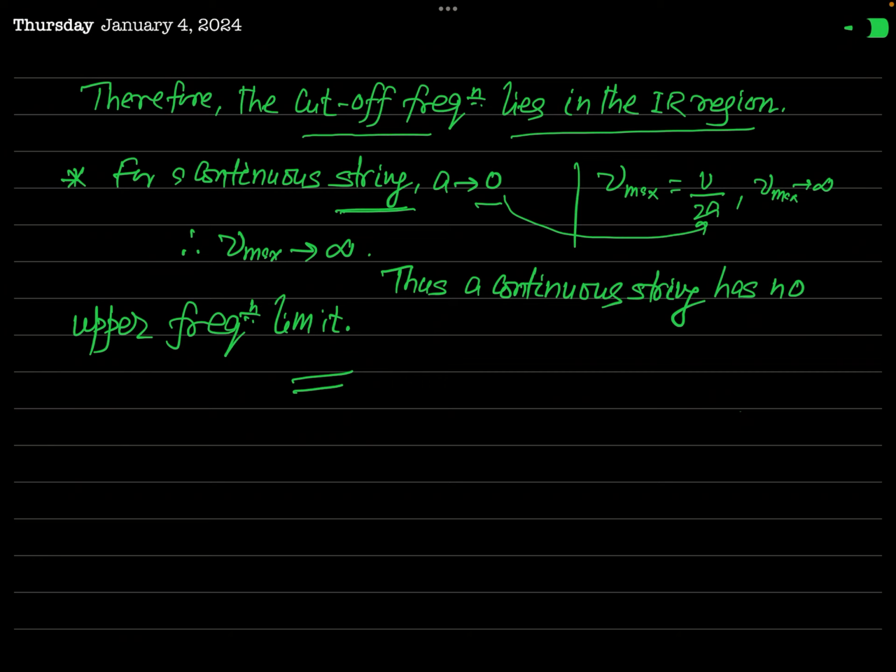So in case of a continuous medium, there is no defined upper limit of the wave that will propagate through the lattice. There is no upper frequency limit. But if the medium is not continuous, then the upper frequency limit, which is called the cutoff frequency, that can propagate through the lattice, lies in the infrared region. In case of a continuous medium, any frequency can excite the atoms of the medium to vibrate, and so there will be no cutoff frequency.